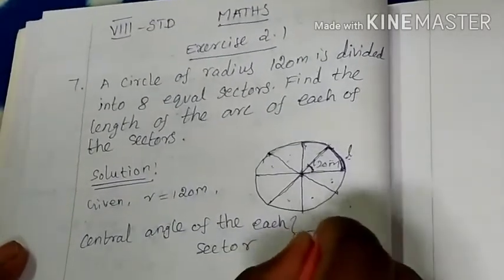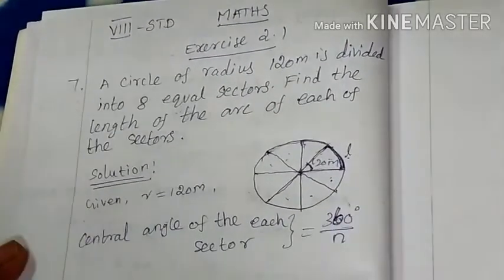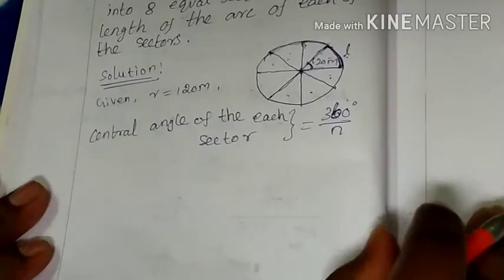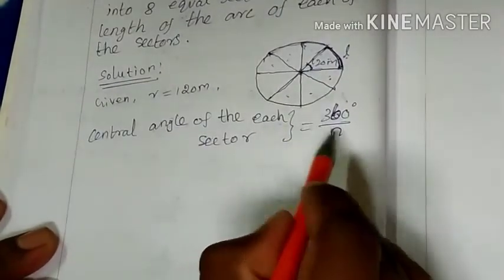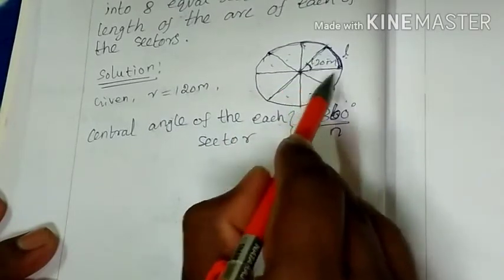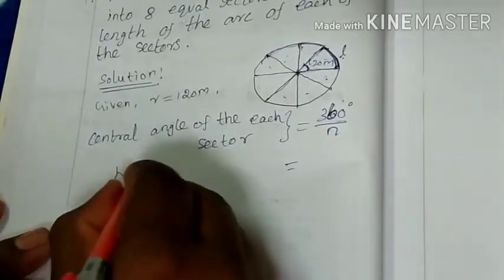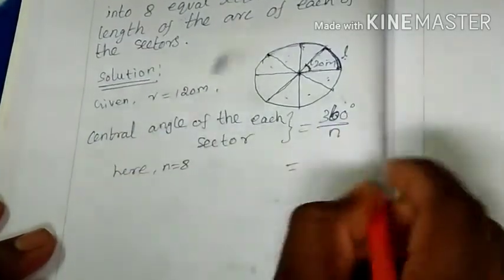What is the formula? 360 degree divided by n. This is already known. n represents the number of sectors. Here the number of sectors is 1, 2, 3, 4, 5, 6, 7, 8. So here n is equal to 8.